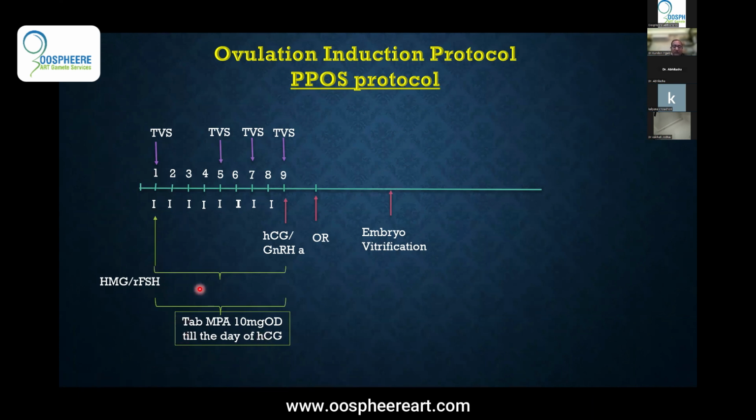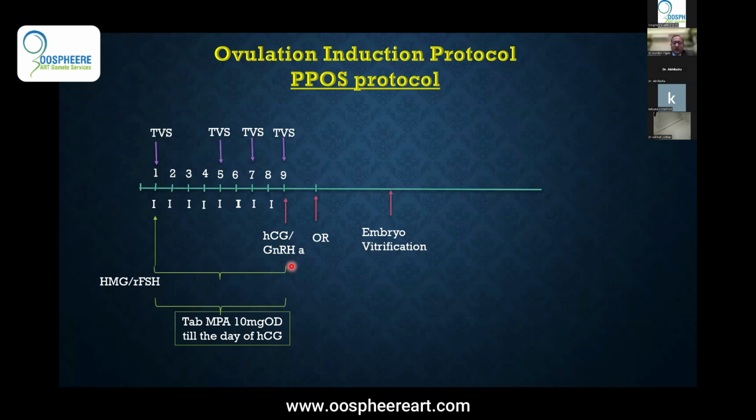on the same day you can start exogenous progesterone. Typically medroxyprogesterone acetate has been studied to be given at 10 milligram once a day from the second day of the menses, or from the day we start gonadotropins as a stimulation agent, and continuously give progesterone in the same dose without any increment till the day of trigger. So even on the day of trigger, we will ask the patient to take the tablet medroxyprogesterone acetate.